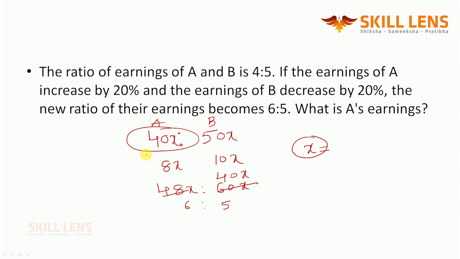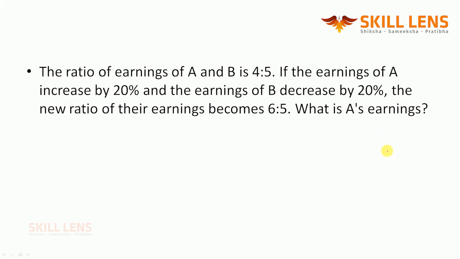The clue was given in the question to get x. Without knowing x, can you figure out your answer? No. Then can you find A's earnings? Not really. Then A's earnings cannot be determined. Very, very important one. You have to be careful when you are solving these kinds of questions. So the answer for this question is: cannot be determined.